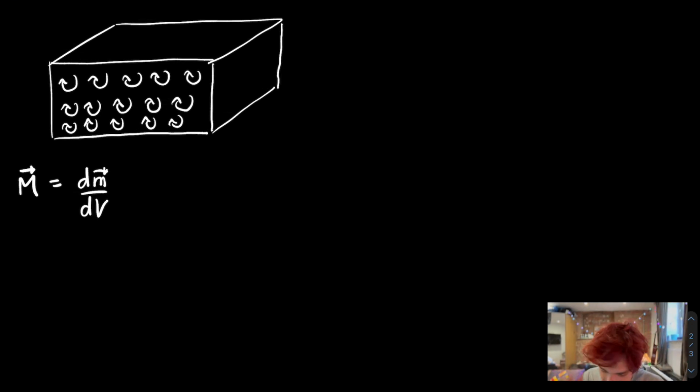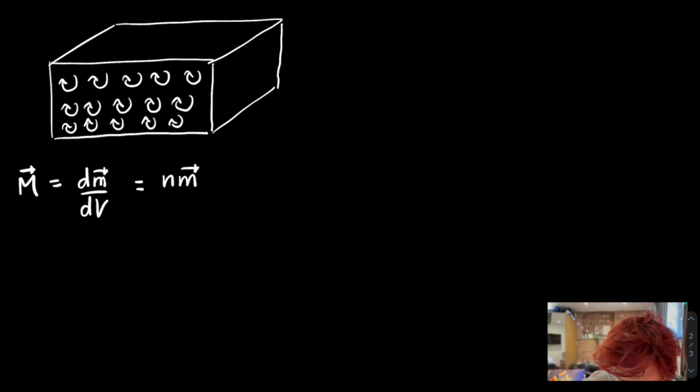So this is technically the magnetic dipole moment per unit volume. Or equivalently, we can express this as N, where N is the particle density, multiplied by m, the magnetic dipole moment. And this is what's known as the magnetization of a material.